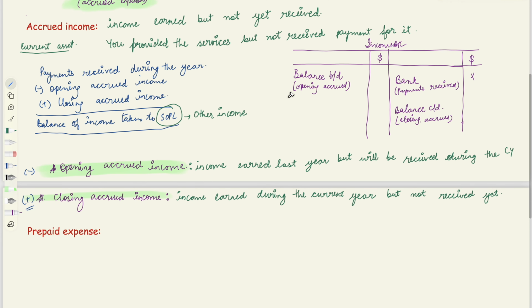Okay. Then the balancing figure will be your statement of profit or loss, and it will always be on the debit side in case of accrued income, only in case of accrued income. Okay, it's going to be the balancing figure, income taken to statement of profit or loss.